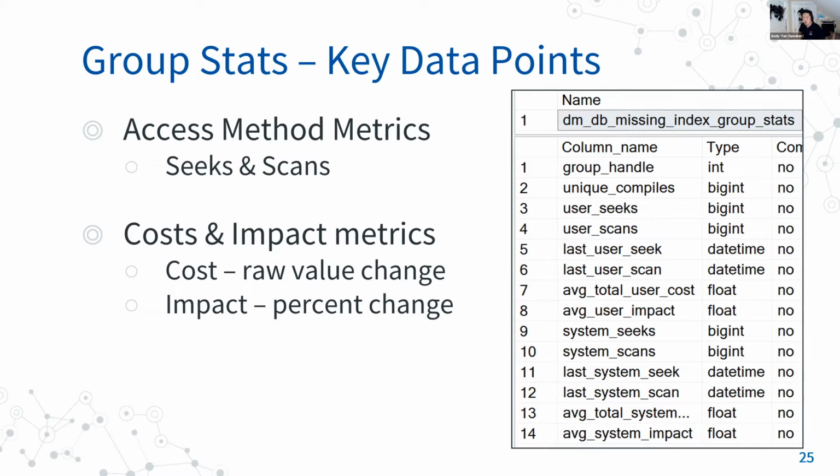If I have a very low cost query, maybe one that costs 10 units, and the cost change from the missing index recommendation happens to be 5, wow, that's a 50% improvement. But it's not that much of an improvement in the grand scheme of things, when I have other queries in my workload where the costs and differentials are in the thousands, tens of thousands, or even hundreds of thousands. A raw value of 5 or 10 is a drop in the bucket, unless that's the entirety of my workload. That's why you need to take these with a grain of salt and understand what your workload looks like.